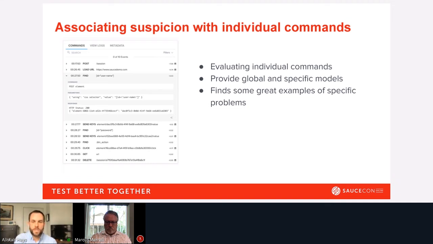What's really interesting about this is the way we initially did the research: we created 2 models. One that looks at, for a given test, what's the relative ranking of that probability, but then also a model that takes the global, and by global I mean within an organization, view of all the commands, so it gives it a ranking within that organization.